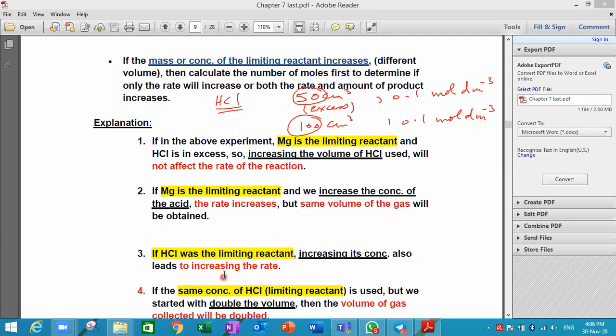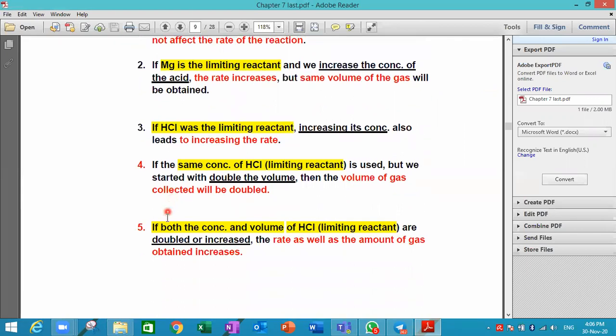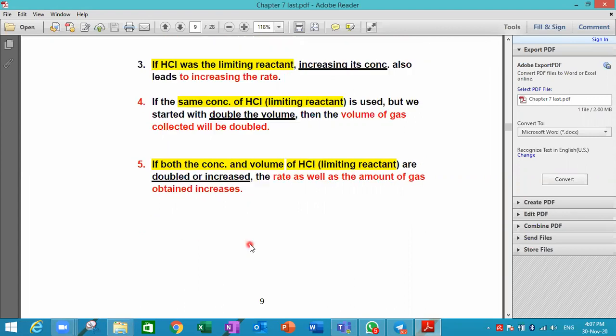But if the same concentration of HCl was used and we doubled the volume, this means that the volume of the gas obtained will be double. And if we increase both the concentration and volume of HCl, which is the limiting reactant, then the rate will increase and also the volume of the gas obtained will increase.